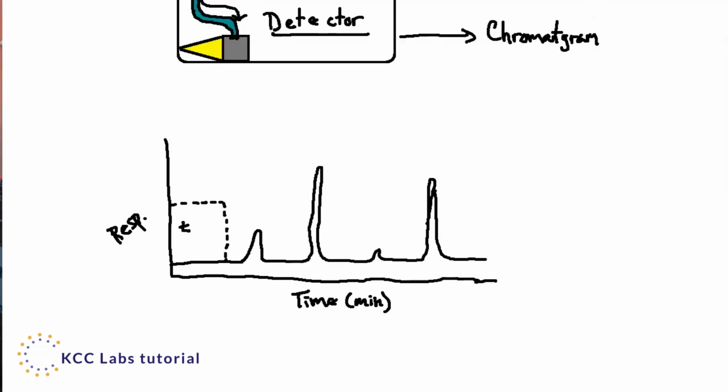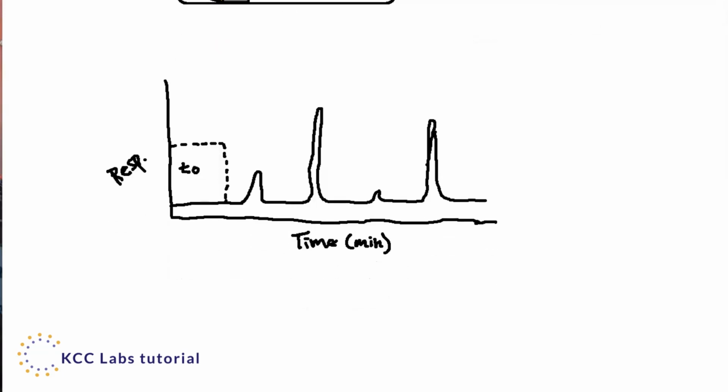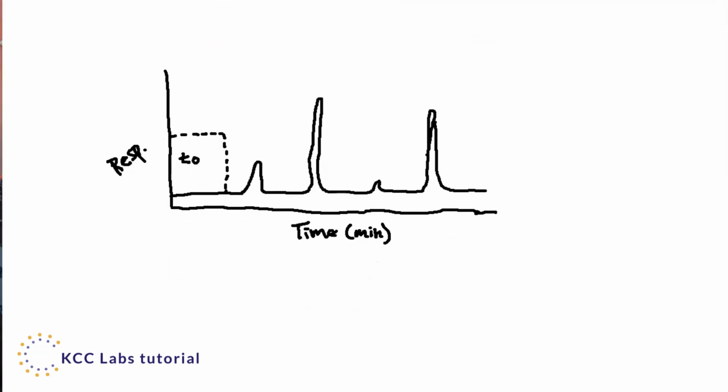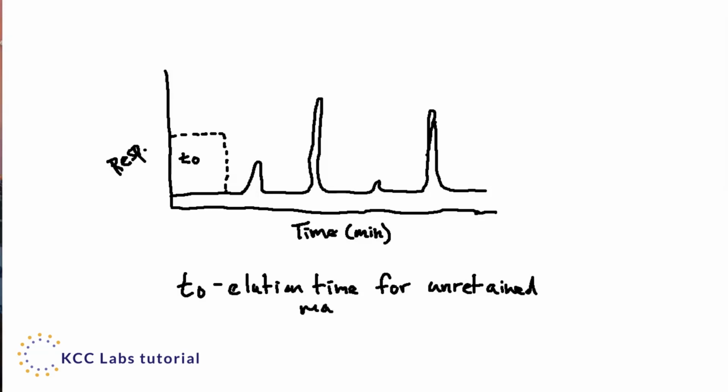However, again, T0 is going to be the elution time for anything that was not retained, so for unretained material. Sometimes you'll hear it referred to as dead time. Again, this is simply the time that elapses when you have essentially the first dump of mobile phase into the detector that did not have any type of adherence to the column.